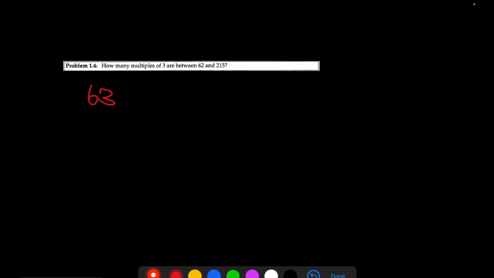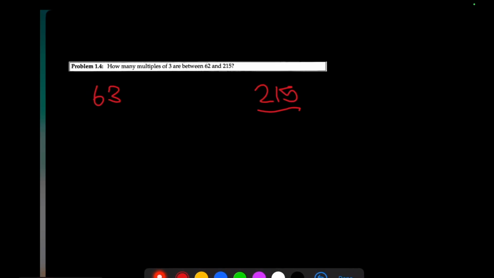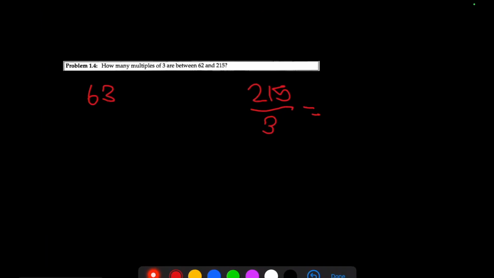So now what's the biggest one? You could either look at all the numbers and find 213, or let's try using the same technique. 215 divided by 3 is equal to 71 and 2/3. That means the largest multiple is going to be the 71st multiple. Multiply that by 3, you get 213.